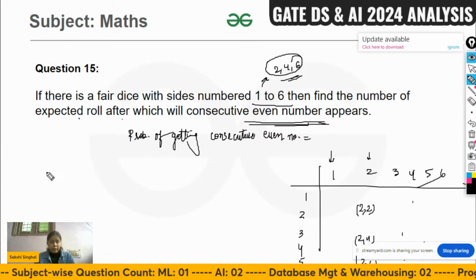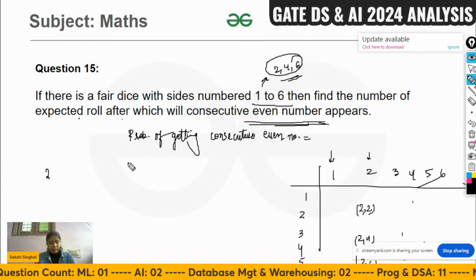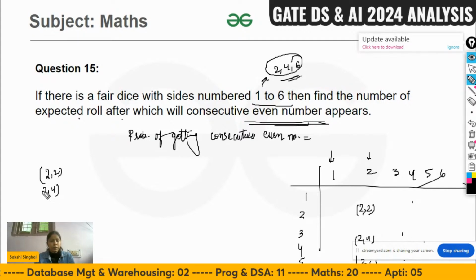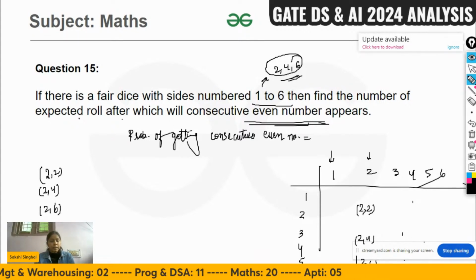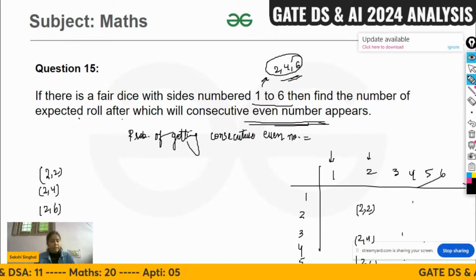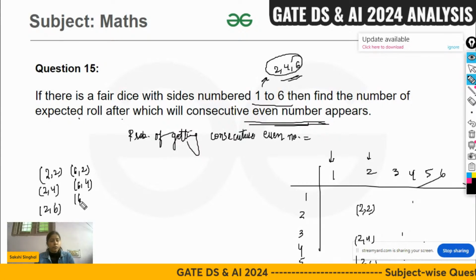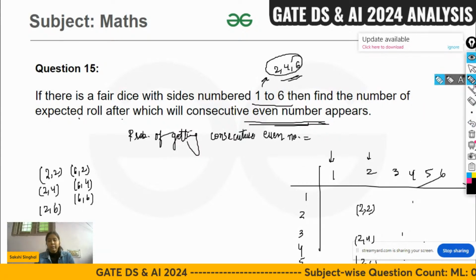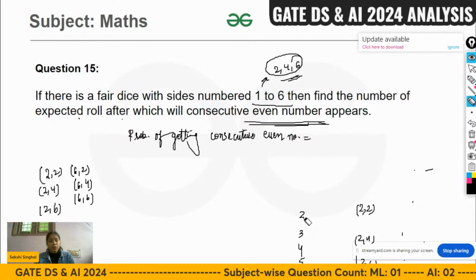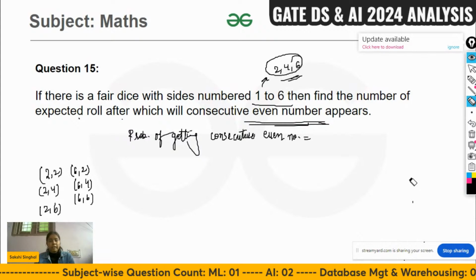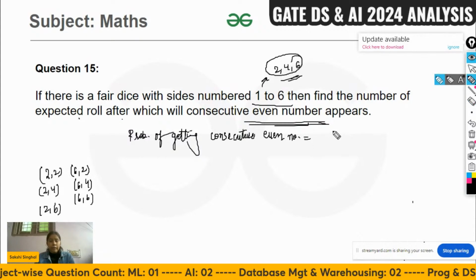Right, Abid, right. So we have the cases 2, 2; 2, 4; 2, 6; 4, 2; 4, 4; 4, 6; 6, 2; 6, 4; and 6, 6. So that means out of the total, we have 9 cases which will give me consecutive even numbers.